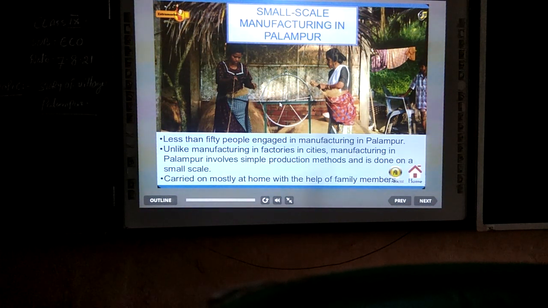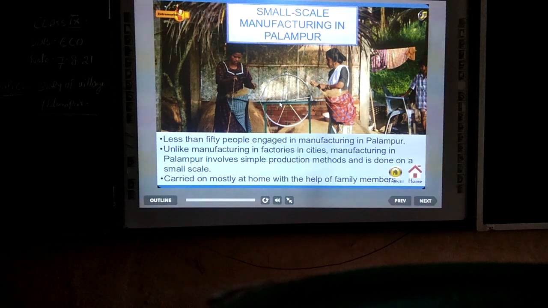Apart from dairy, small-scale manufacturing in Palampur is another non-farming activity. Less than 50 people are engaged in manufacturing in Palampur.